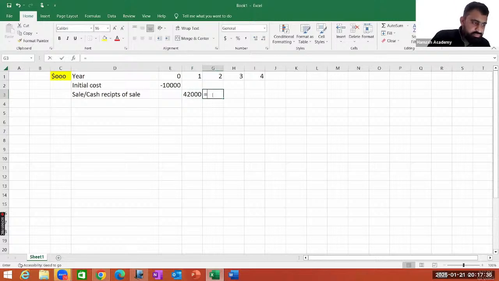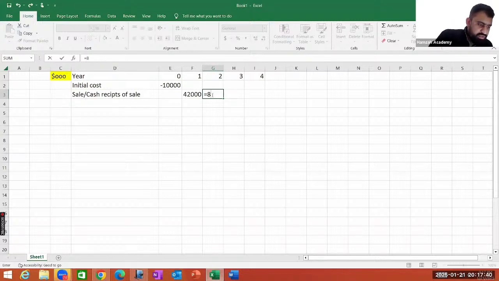Similarly, it will also be given in the question. Let's say 8,000 units would be sold in year 2. And the sale price for these units would be, let's say, $5, again in current price terms. Now, sale price could be the same or it could change on a yearly basis.